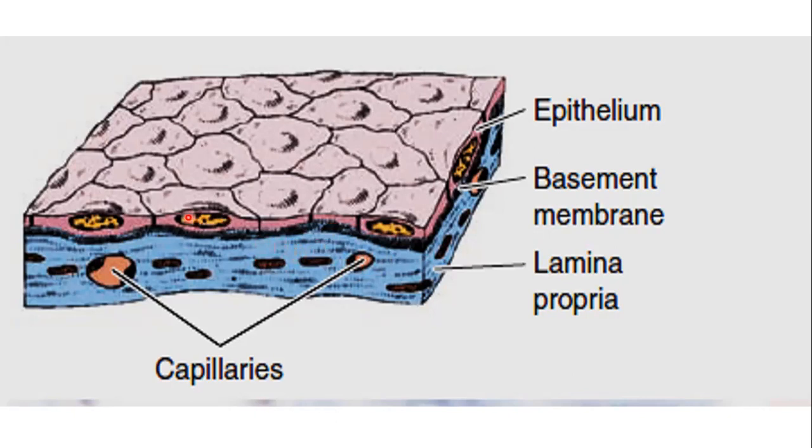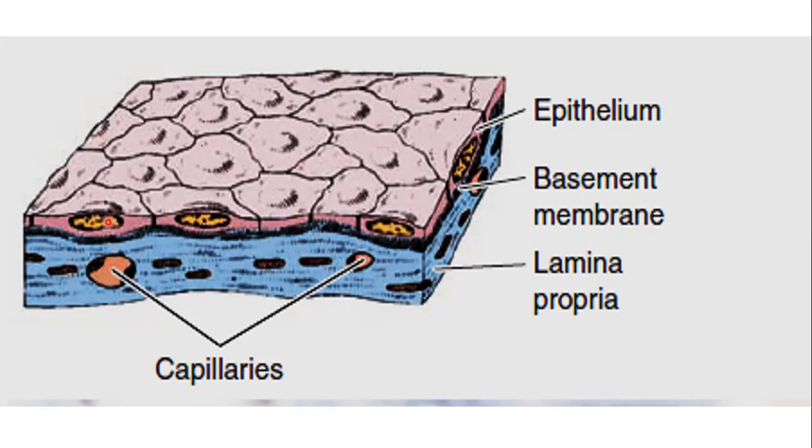Therefore, these cells will only receive their nutrients and gases by the process of diffusion, where gases and nutrients leave these capillaries or blood vessels, diffuse through the connective tissue, diffuse through the basement membrane, and enter the cells.